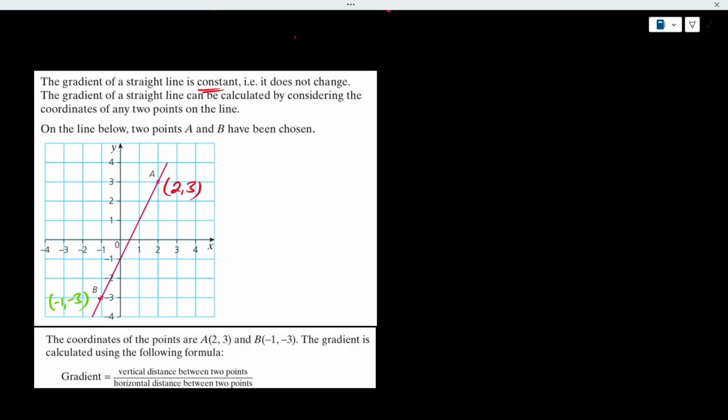Now I am saying here that the gradient or slope is how much is the tilt, right? The line can be like this, or like this, or the line can be like this also. But what is this tilt? That's called slope or gradient. How do we calculate it? Now if you see here, this is the vertical distance and this is the horizontal distance, right?